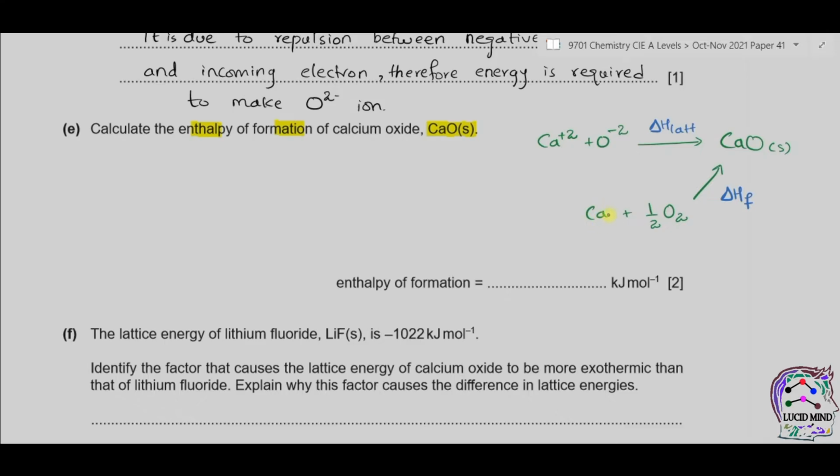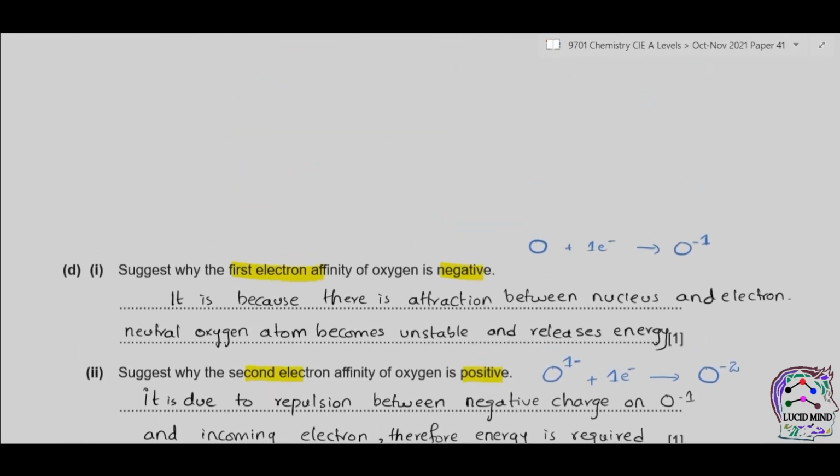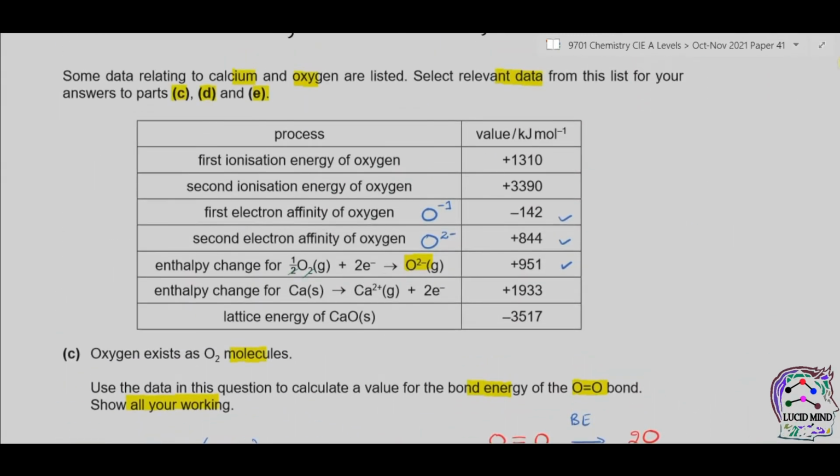Now we can see that calcium atom can be converted into calcium +2, and oxygen atom can be converted into oxygen -2. We can look into the values from the given table. Enthalpy change for oxygen atom into oxygen 2- is 951.